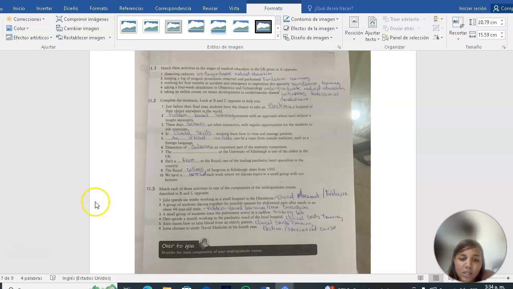In clinical skills, students learn how to examine and manage patients. An optional module can be a topic from complementary medicine, such as herbal medicine. Dissection of cadavers is an important part of the anatomy course.